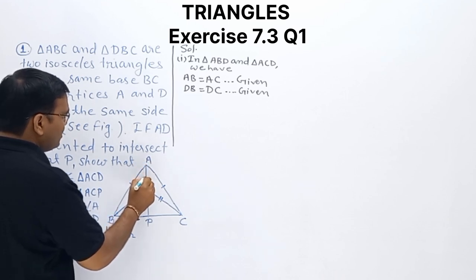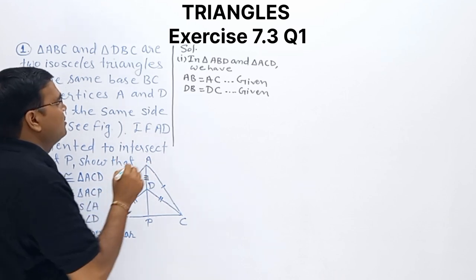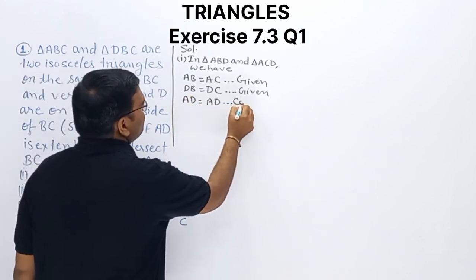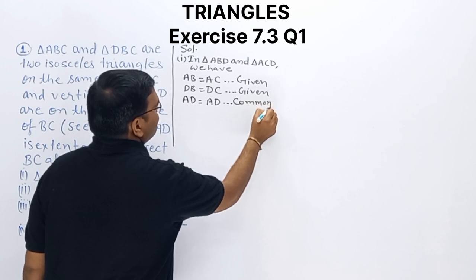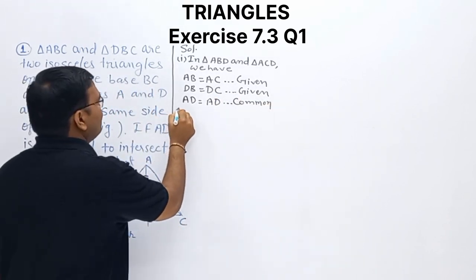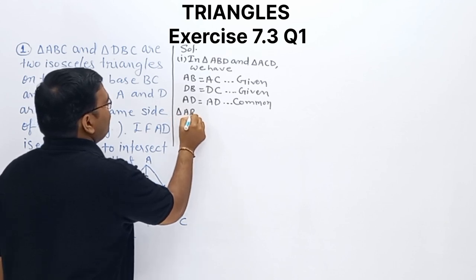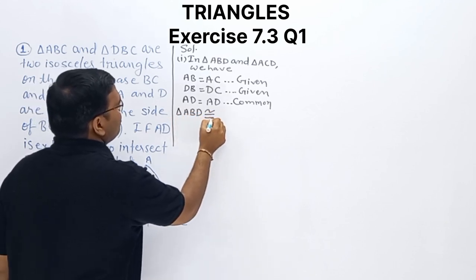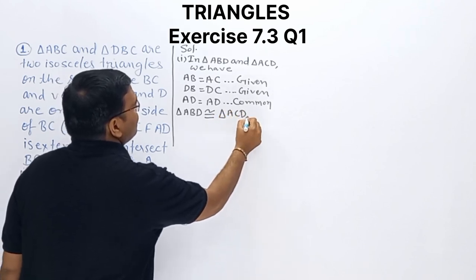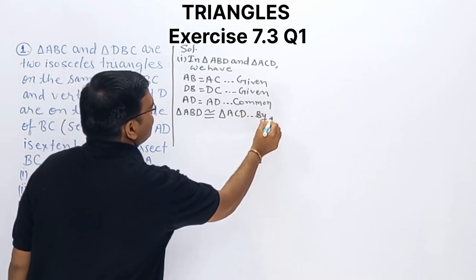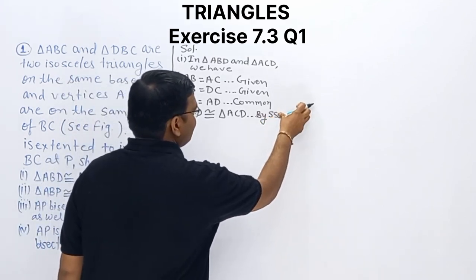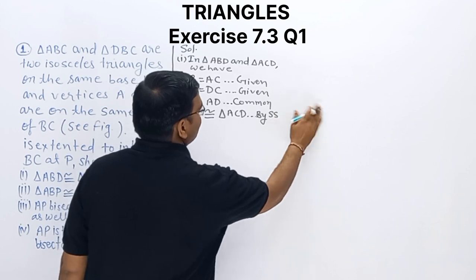Now next one. First we can take this side. This side is common. So AD equal to AD, and it is common in both triangles. So from these three things we can say triangle ABD is congruent to triangle ACD by side congruence rule.